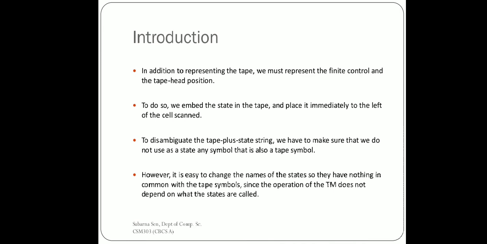To maintain the situation correctly, it is quite easy to understand that we should not use the same kind of symbol to represent the input string as well as the state.